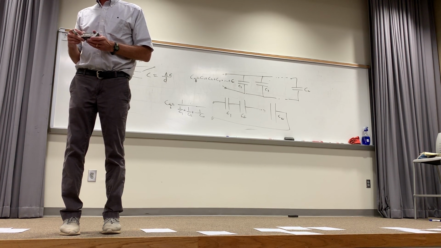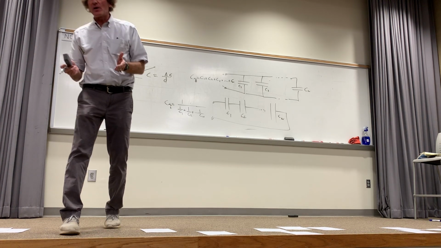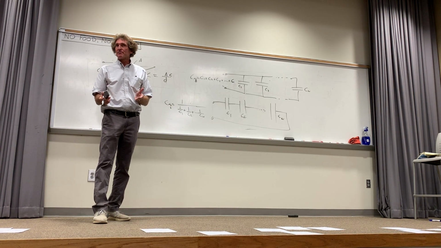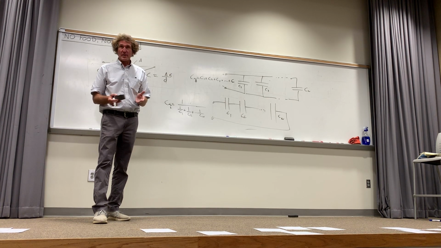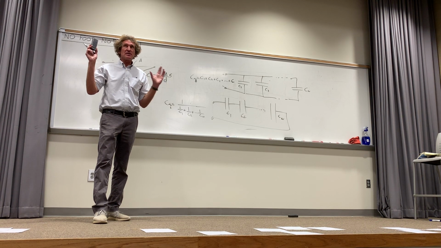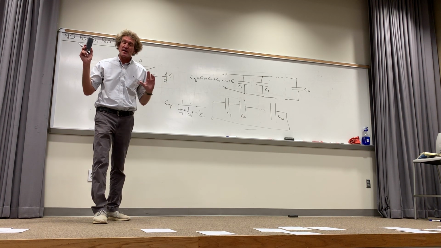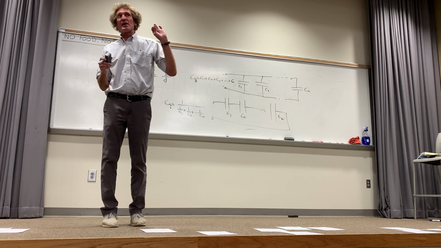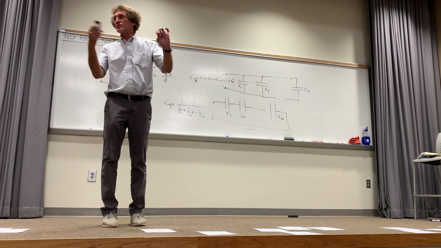I want you to know that because some of the problems earlier on asked these things. Most of the time, almost always, you're going to be given a single inductance value or a single capacitance value. The times that I see it to be important is when you have equipment like scopes, which you use all the time.